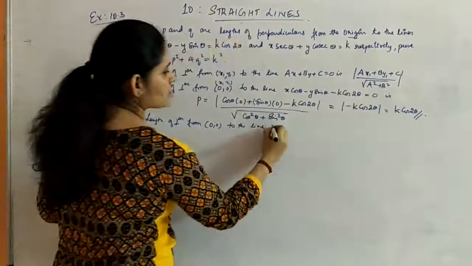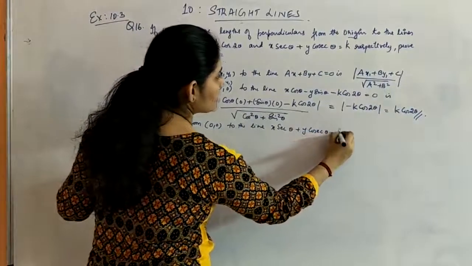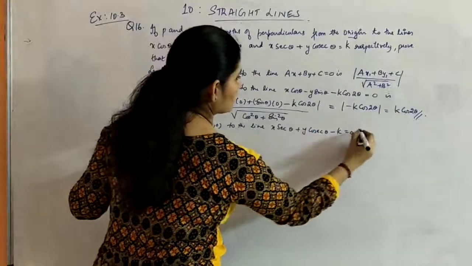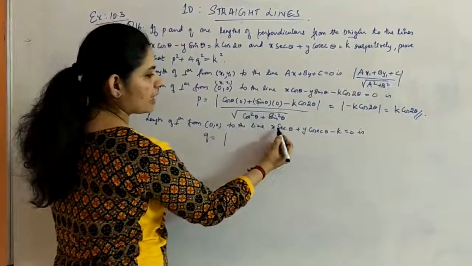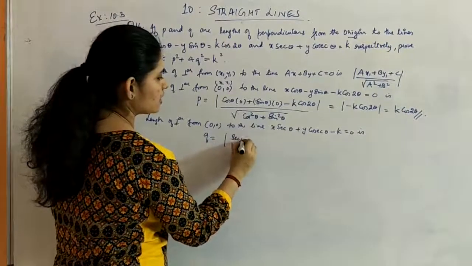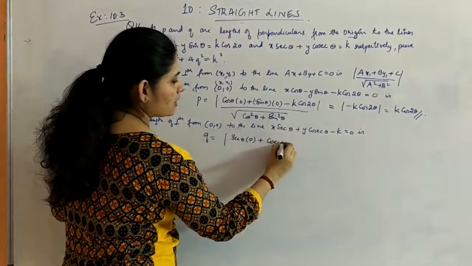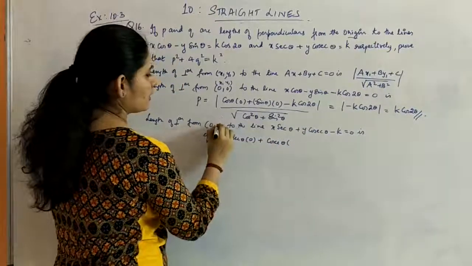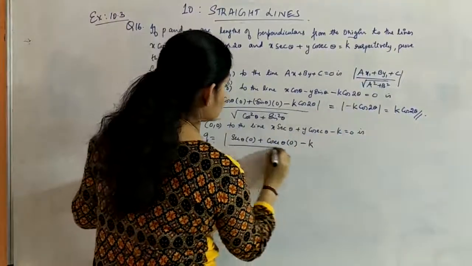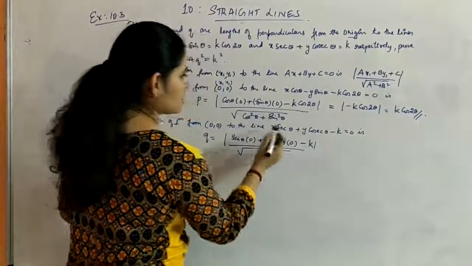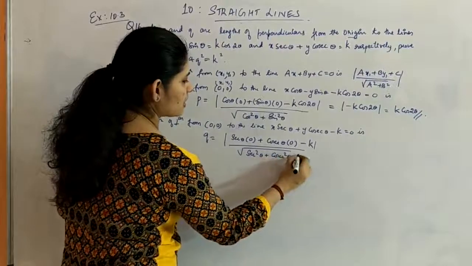Second one, that is x sec theta plus y cosec theta minus k equal to 0, what is given to be Q. So I'll write Q is equal to again mod of, instead of A you have sec theta, so sec theta into 0 plus instead of B you have cosec theta into again y1 is also 0 plus C, which is minus k divided by root of A square plus B square will give you sec square theta plus cosec square theta.